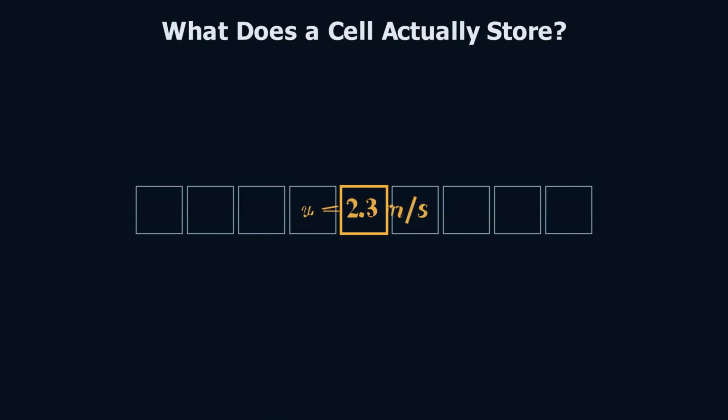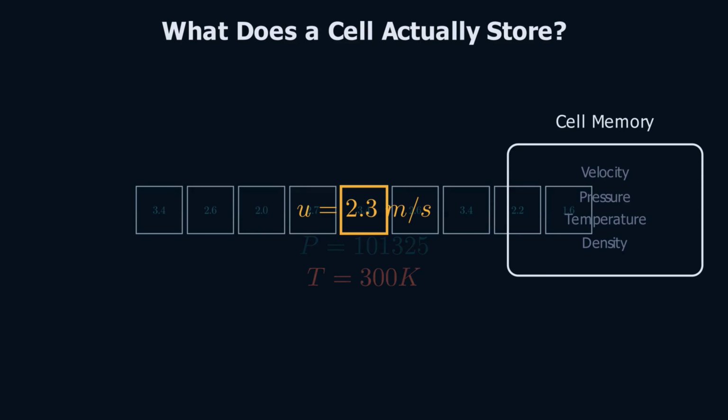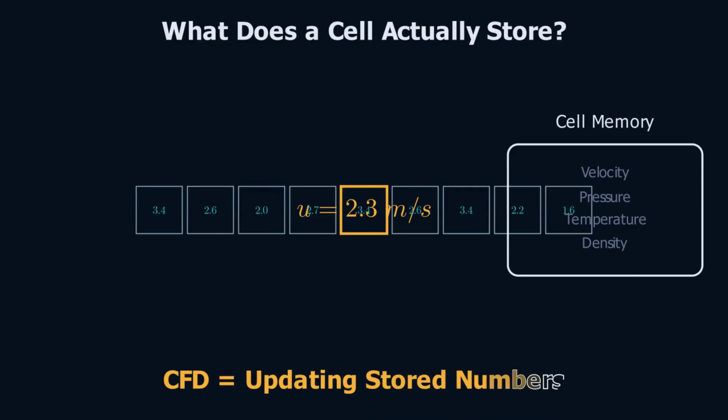For example, velocity, pressure, temperature, density, or any other quantity required by the governing equations. You can think of every computational cell as a tiny memory location that stores several physical variables. Repeat this for every computational cell, and the computer now has a numerical description of the entire flow field. At its core, every CFD solver repeatedly updates these stored numbers according to the laws of physics.